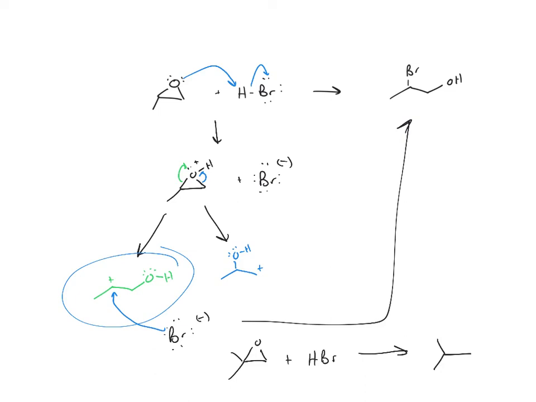The OH group's going to end up on the, what classification of carbon, tertiary or primary? Leaving the bromide on that one. One more example. We'll be done for the day.